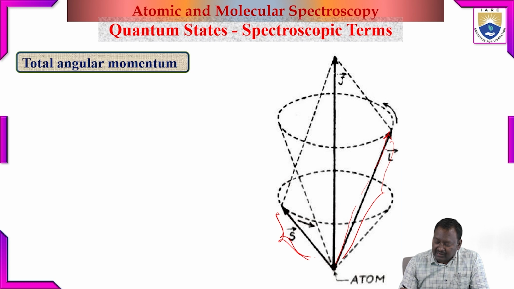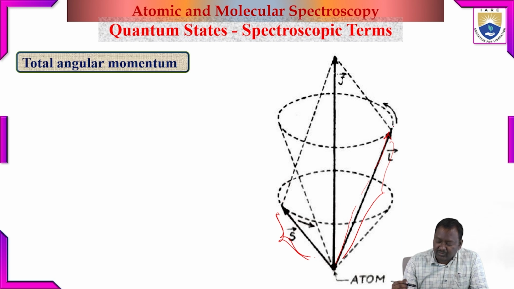Whenever adding these two vector momenta, we need to utilize vector analysis. In the vector addition of these two vectors, we take the total angular momentum as j bar. This is the L vector, the orbital angular momentum vector, and this is the spin angular momentum vector.